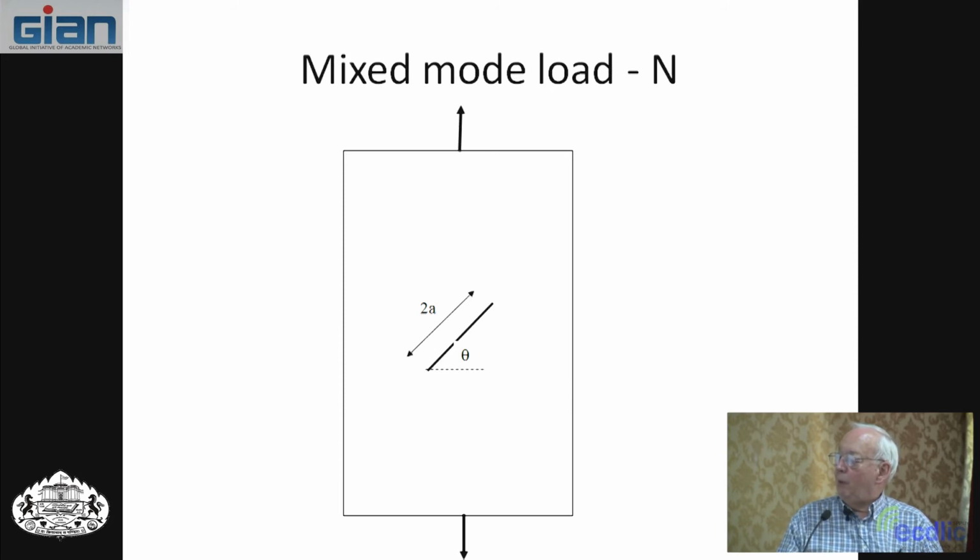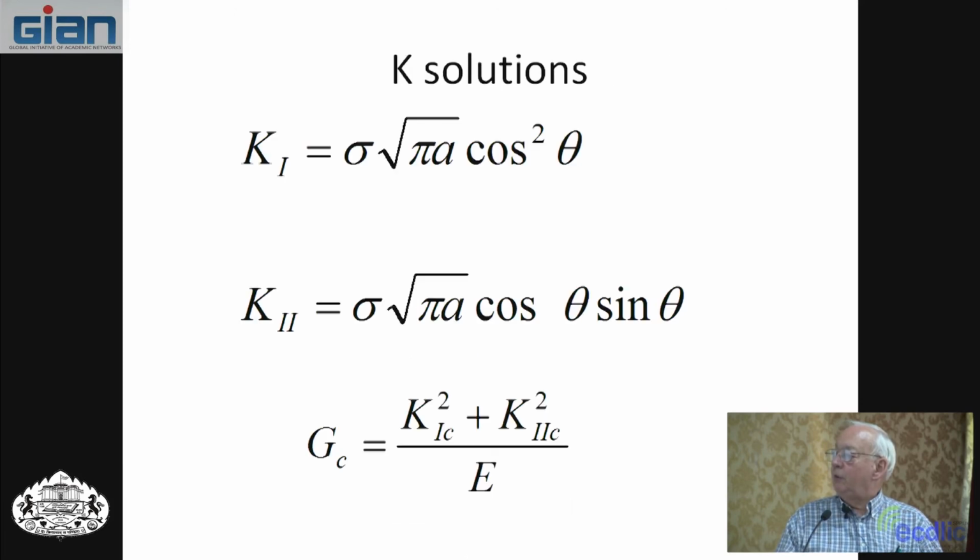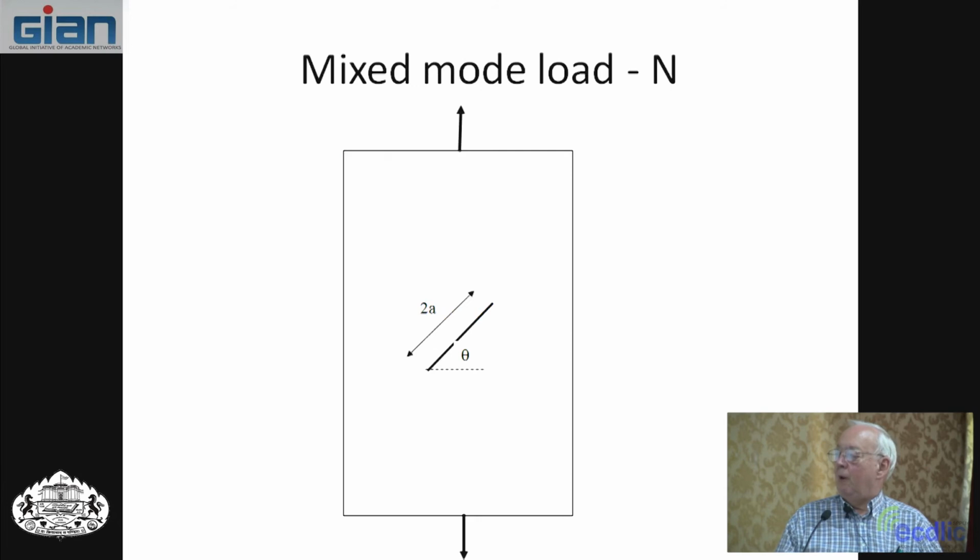Now, if you want to apply this to a mixed mode problem, here's a mixed mode problem. Say you have loading and a slanted crack that's slanted at an angle theta, still 2A, but then the load is not entirely perpendicular to the crack or entirely parallel to the crack. It's in between. So what you must do then is use stress transformation formulas.